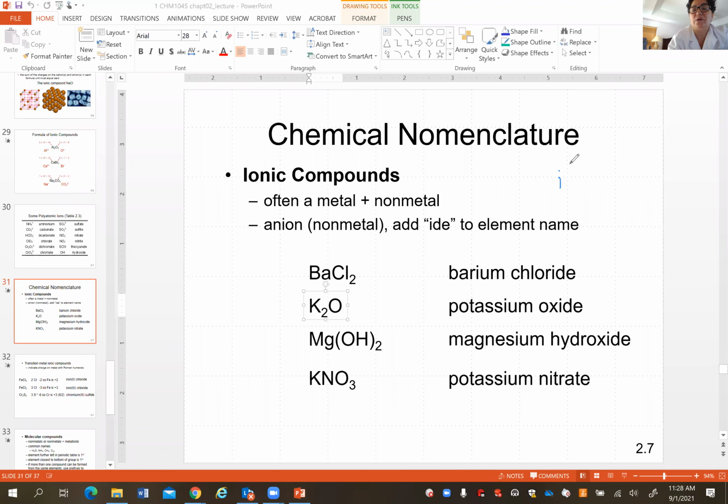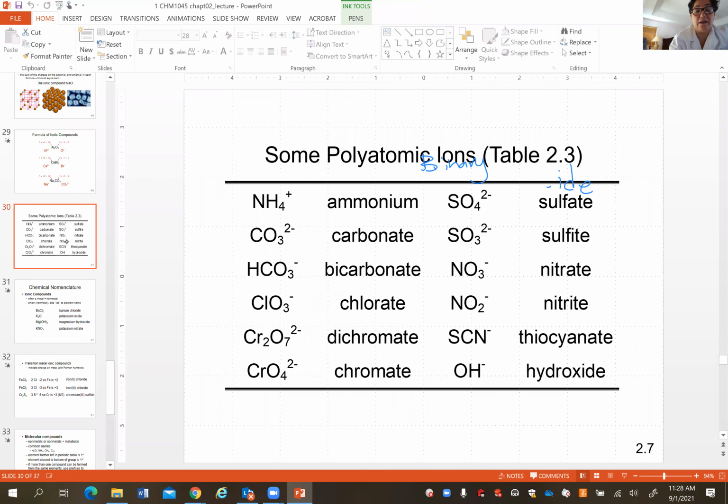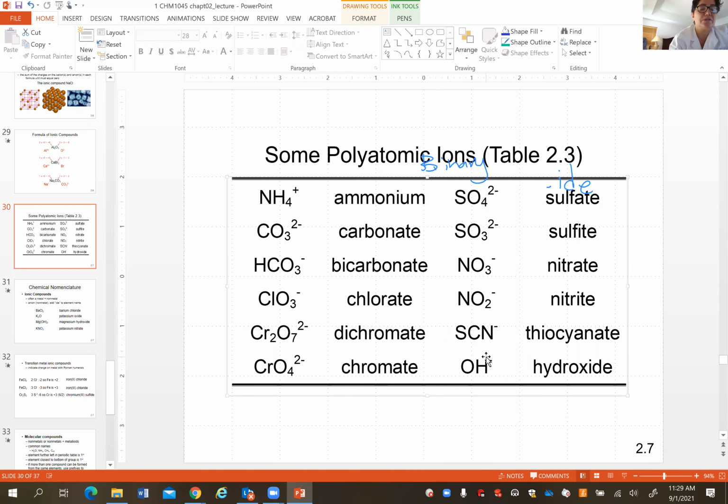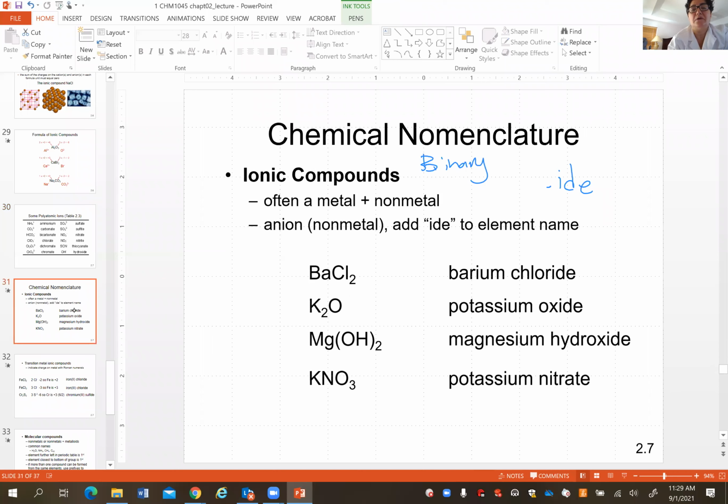So the ending is going to be IDE for binary compound, with the exception, there's only a couple of exceptions. Those exceptions are cyanide, which is not in this table, and hydroxide. So for the binary compound, it ends with IDE.